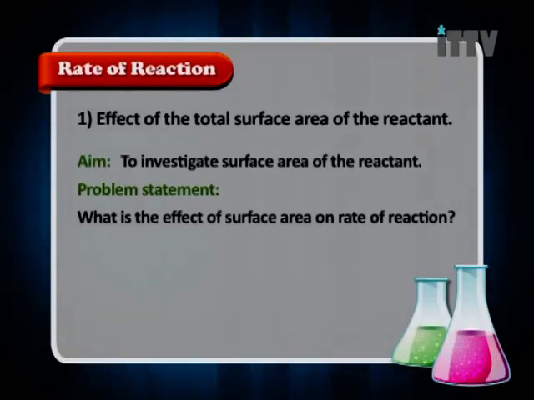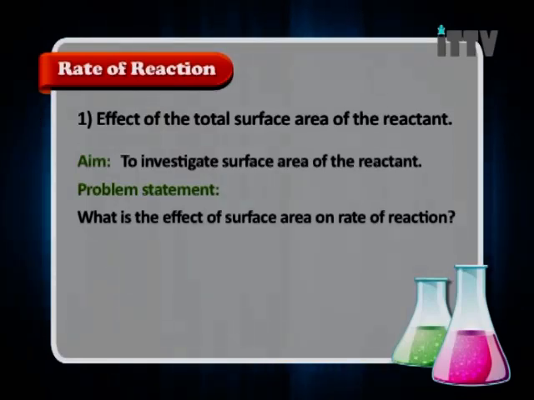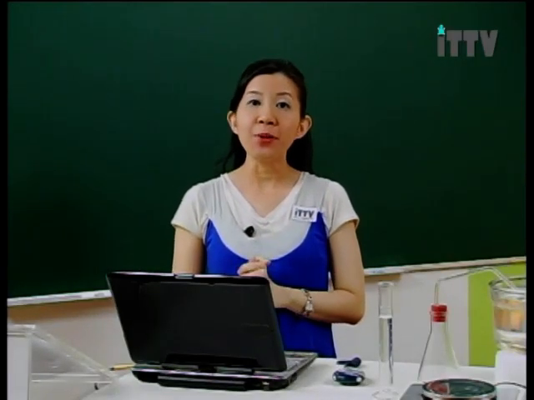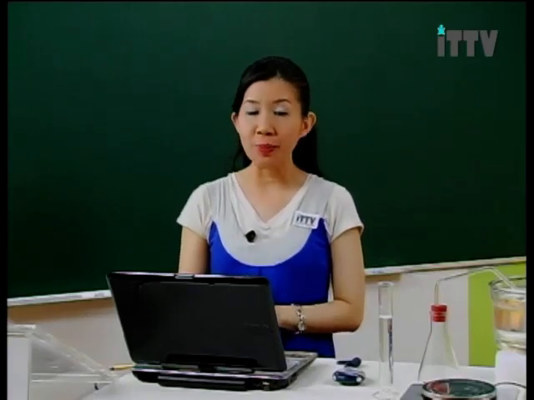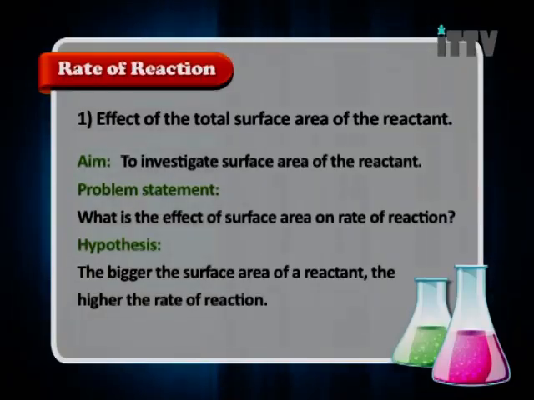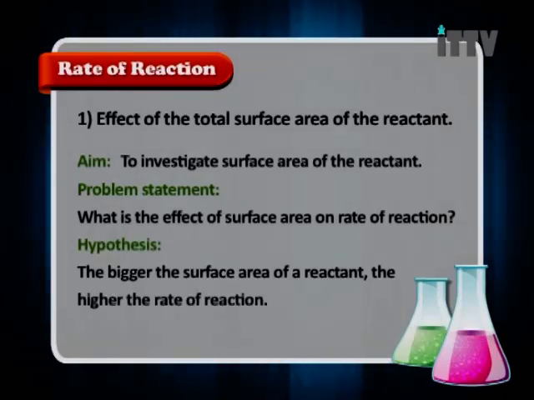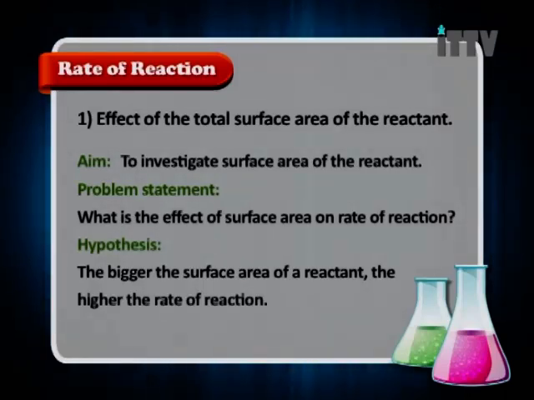And therefore, with the problem statement identified, we can postulate a hypothesis. Our hypothesis for today's experiment would be, the bigger the surface area of a reactant, the higher the rate of reaction. That is our hypothesis for this experiment.